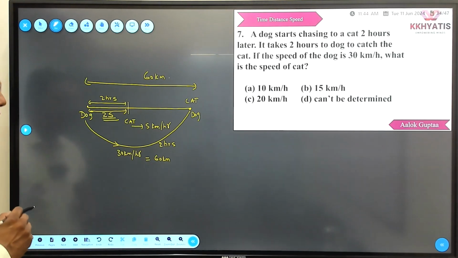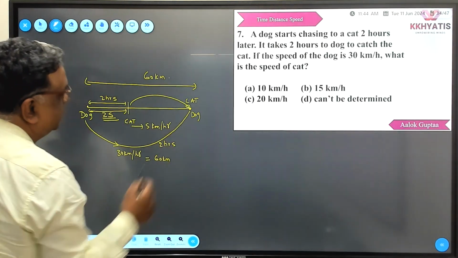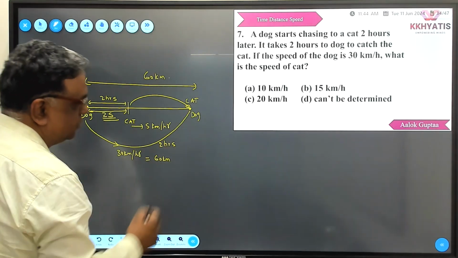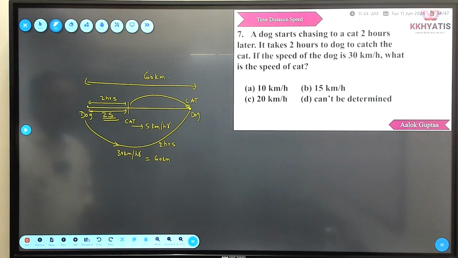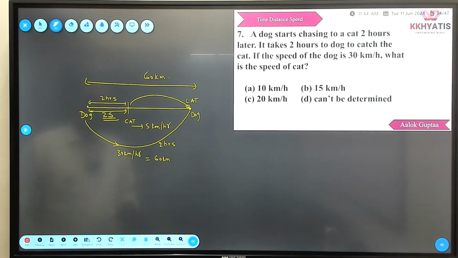Clear? Now it took 2 hours for her to reach here and dog took again 2 hours to reach here. The total distance is 60 kilometers and we have been asked what is the speed of the cat.